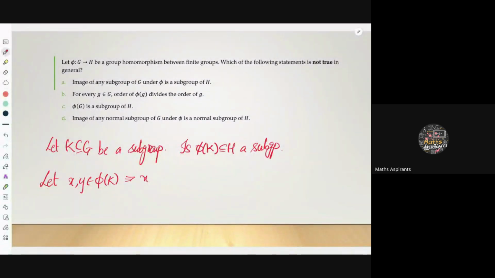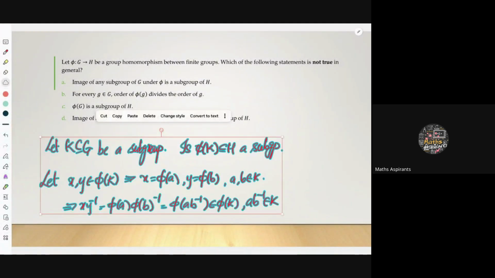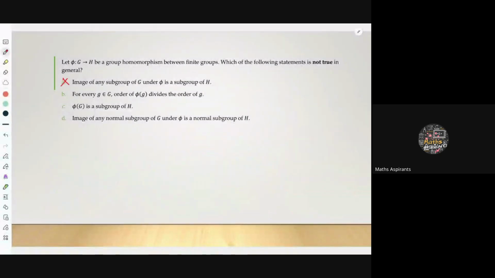So I can write x as phi of A, y as phi of B, with A comma B in K, and xy inverse is basically phi of A, phi of B inverse, which is phi of AB inverse, and this belongs to phi of K because AB inverse belongs to K, because K is a subgroup. So phi of K is a subgroup. So the first statement is true in general, so we can delete it.